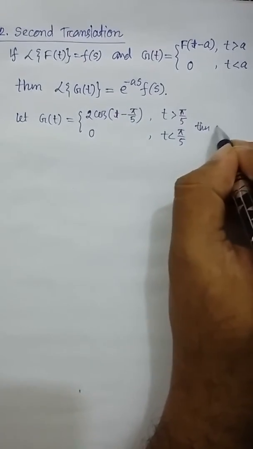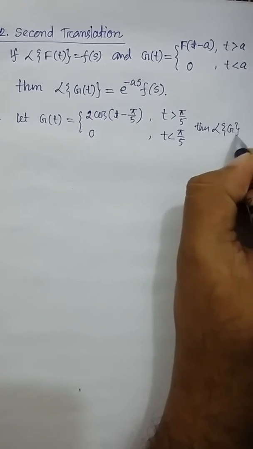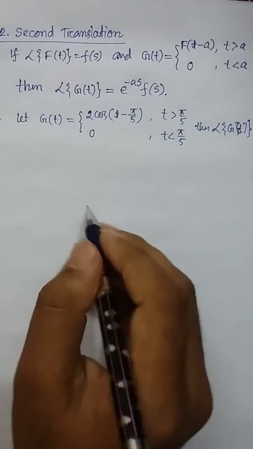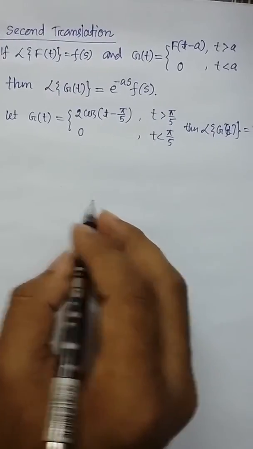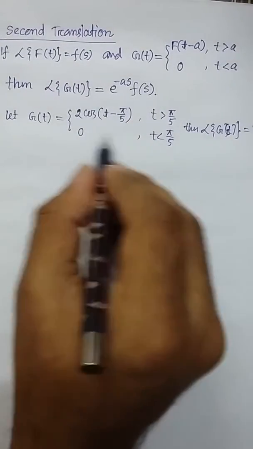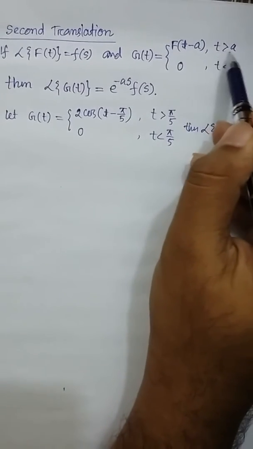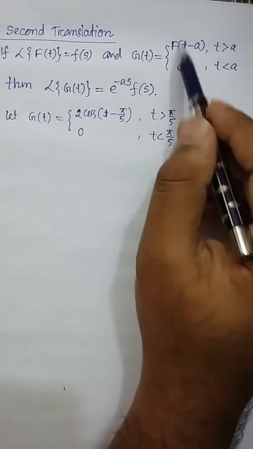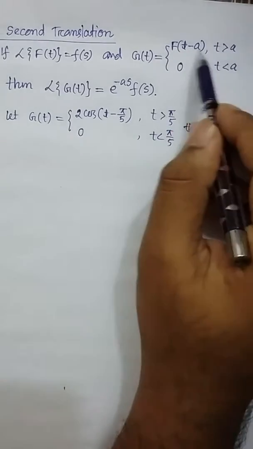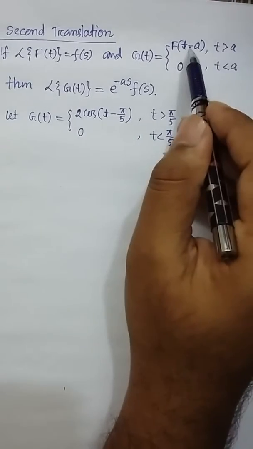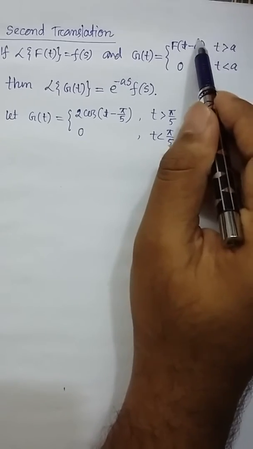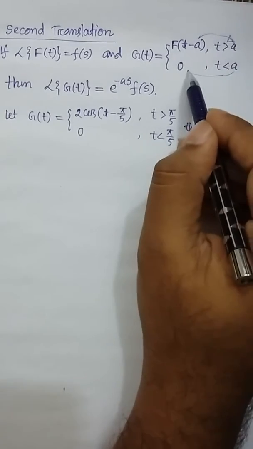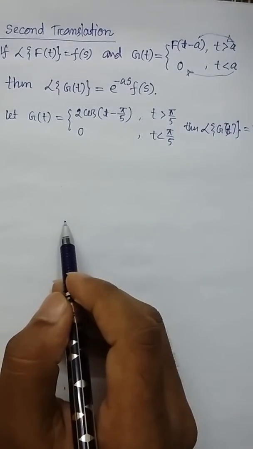Then what is the Laplace transformation of g of t? Since this is a piecewise function, we have to keep in mind that it will be in two pieces: one for t greater than a, with t minus a, and another for t less than a, where the function is given as 0.